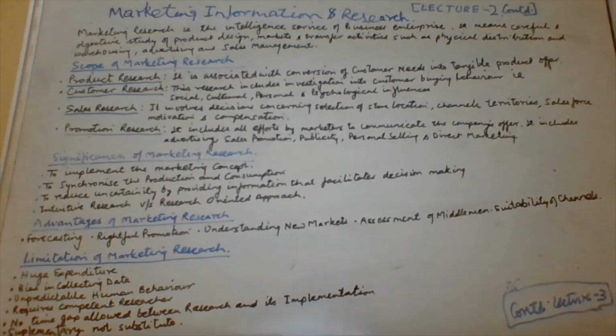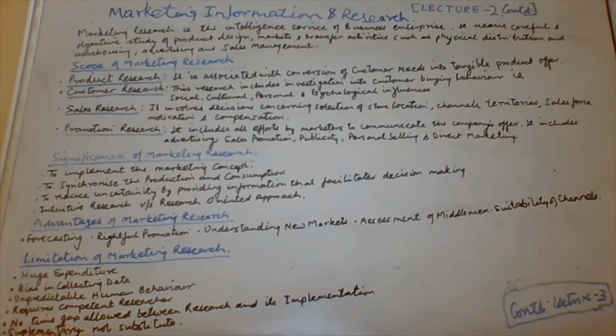And when we talk about catering to the requirements of the customers, it is understanding them in terms of their buyer behavior, or in terms of their influences on particular customers. Then, there is the assessment of middlemen. Assessment of the middlemen is related to how many retailers are required, and how many wholesalers for that matter.